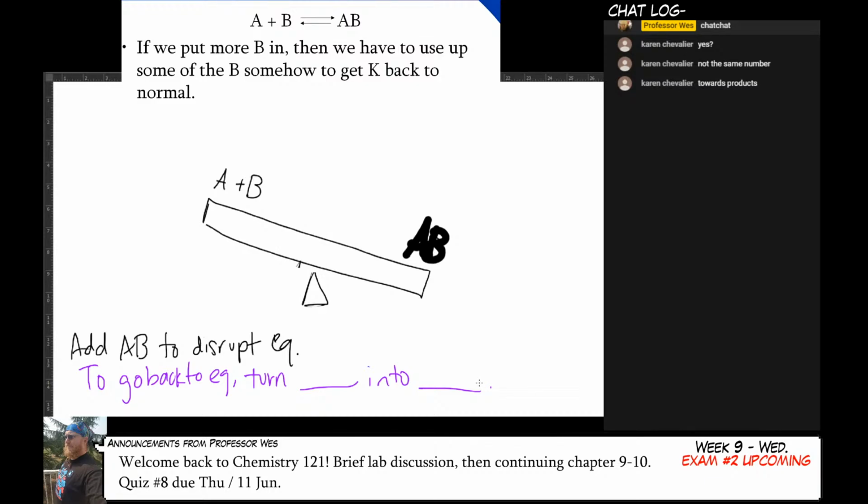To get back to equilibrium, what do I have to do? I have to turn something into something else. What is that? Well, if I use a B and A, what will I create?